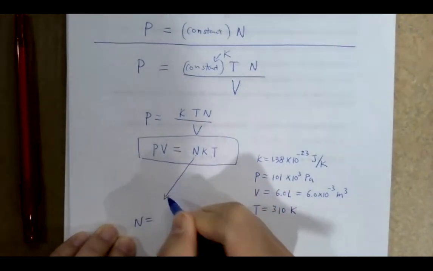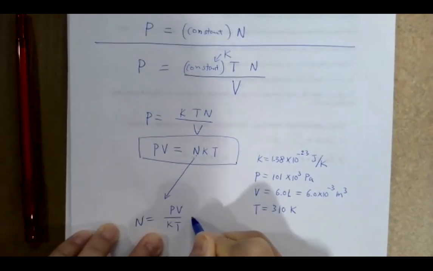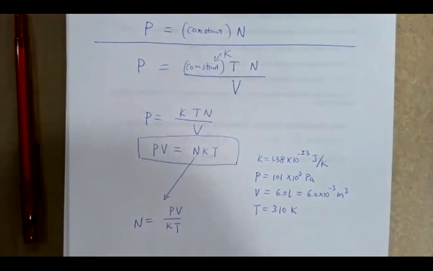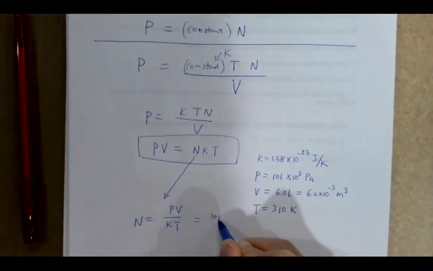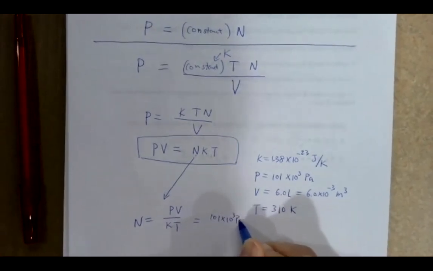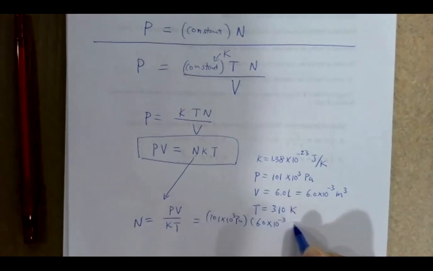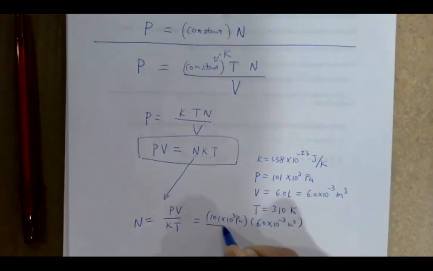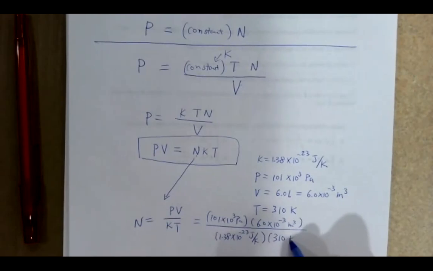Rearranging, N is equal to PV divided by kT. This is 101 times 10 to the third Pascal times 6.0 times 10 to the minus 3 cubic meters, divided by 1.38 times 10 to the minus 23 joules per Kelvin times 310 Kelvin.